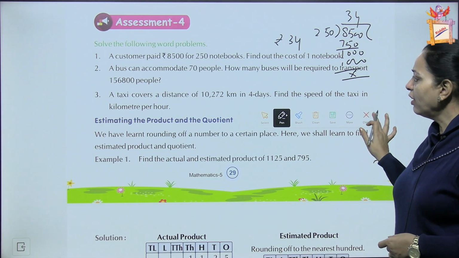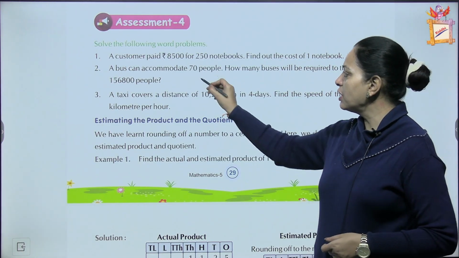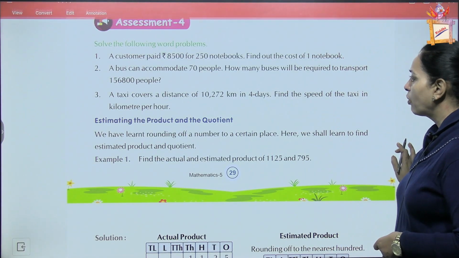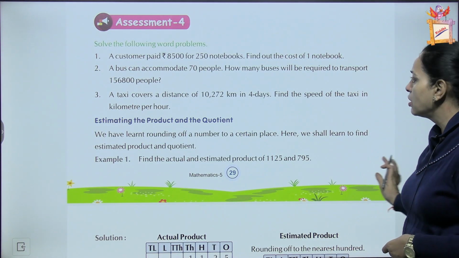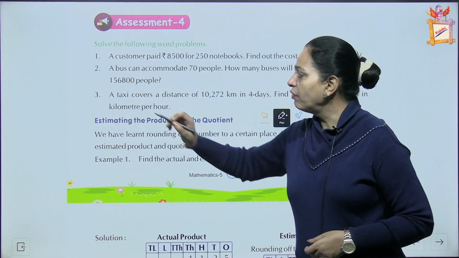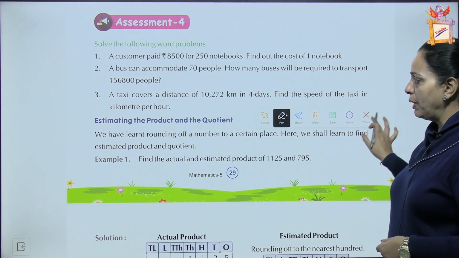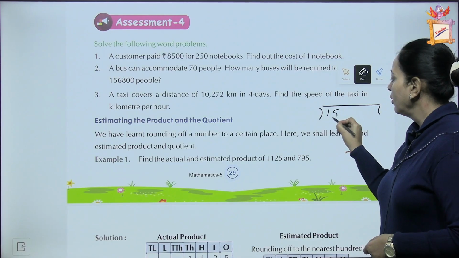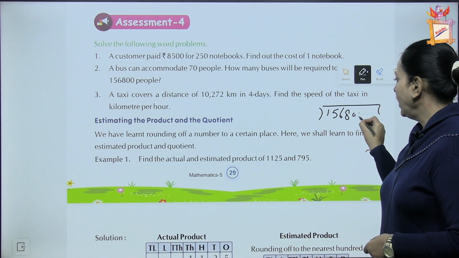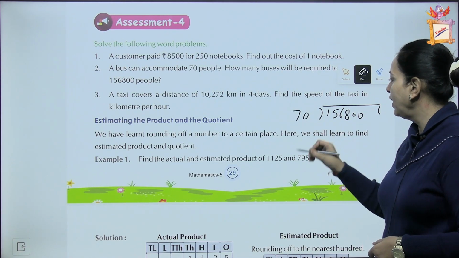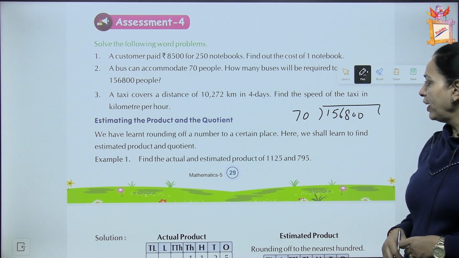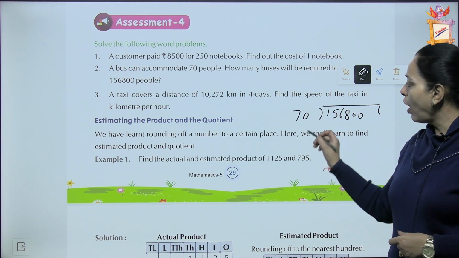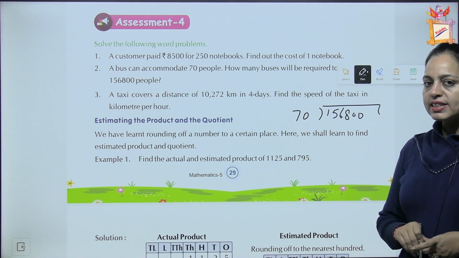Okay. The second one, a bus can accommodate 70 people. How many buses will be required to transport 1,56,800 people? So number of buses is 1,56,800 divided by 70, right? So the one thing you can do, you can cancel the 10s.